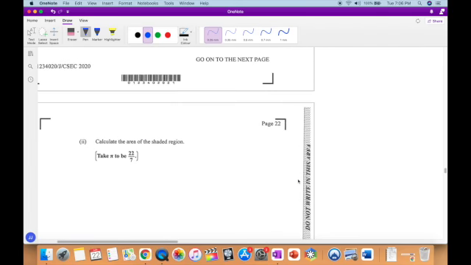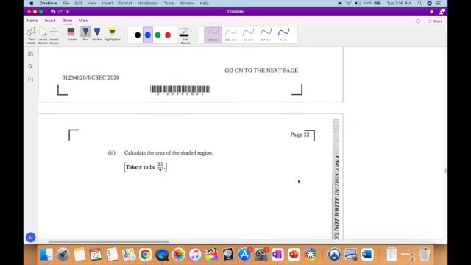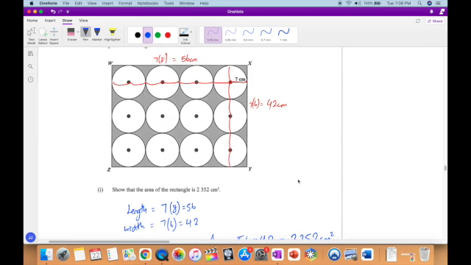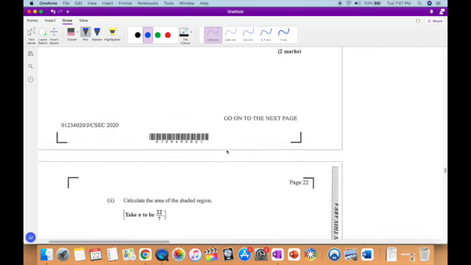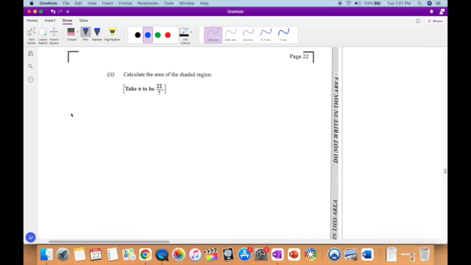Calculate the area of the shaded region, taking pi to be that. So how many circles do we have in all? We have 1, 2, 3, 4, 5, 6, 7, 8, 9, 10, 11, 12 circles in all. So the area of one circle is pi r squared, which is 22 over 7 times 7 squared.